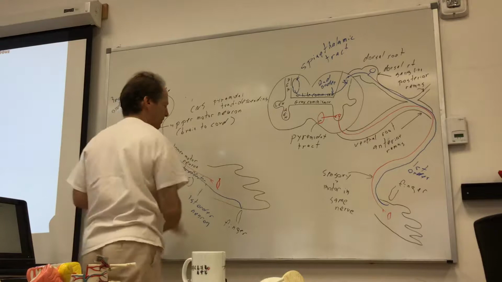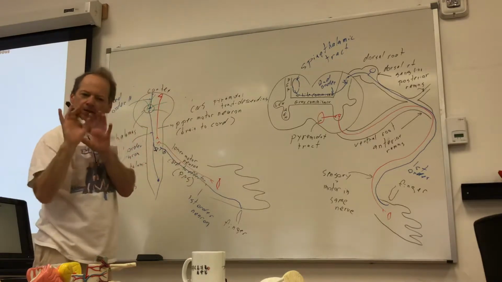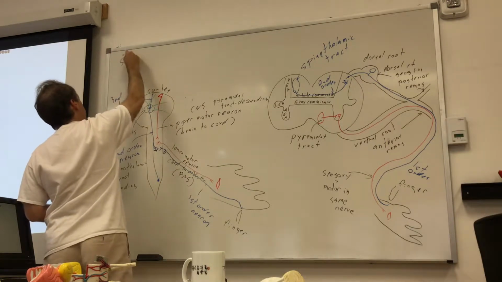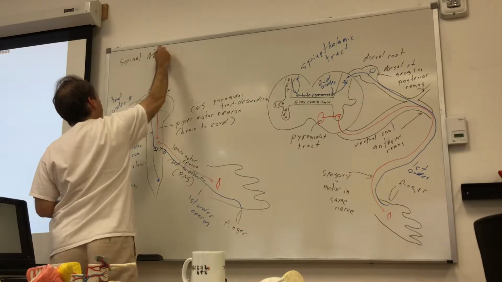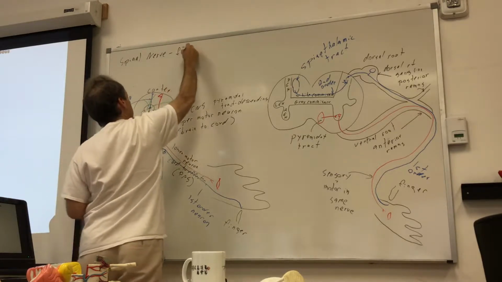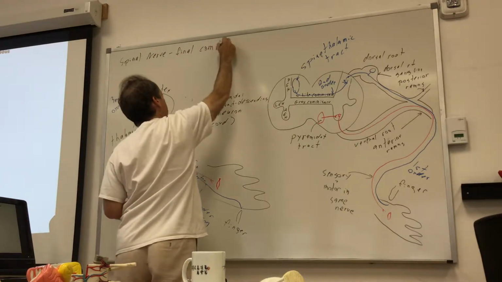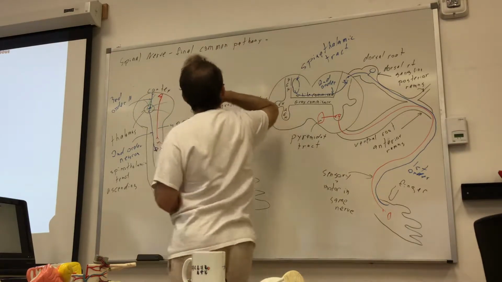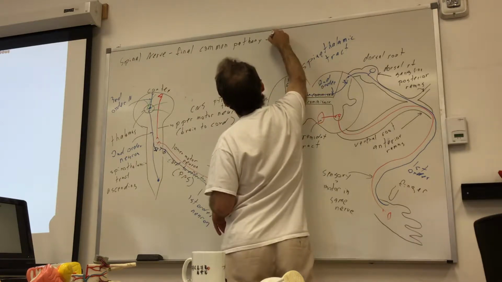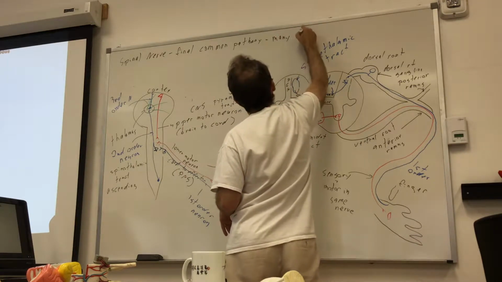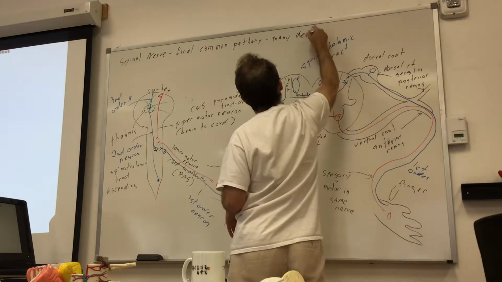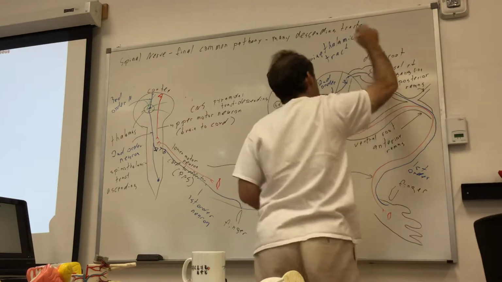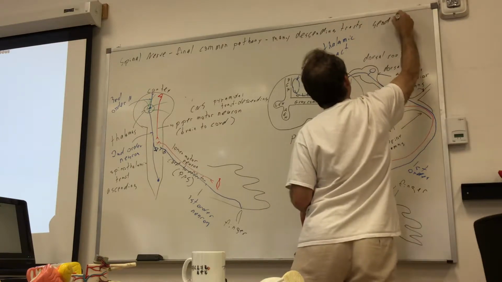I want to talk about another thing in the notes, and this is a motor control thing. The final common pathway, the spinal nerve, is the final common pathway, sending tracks send info to it.